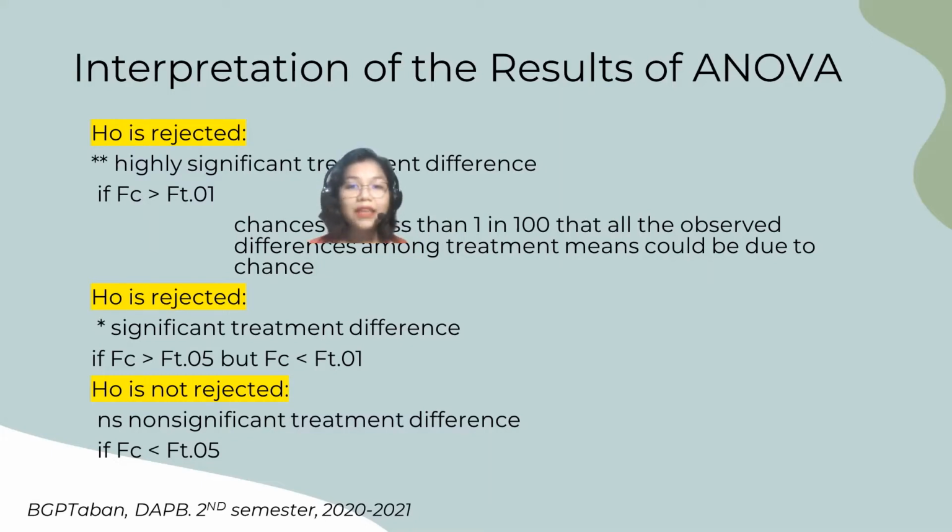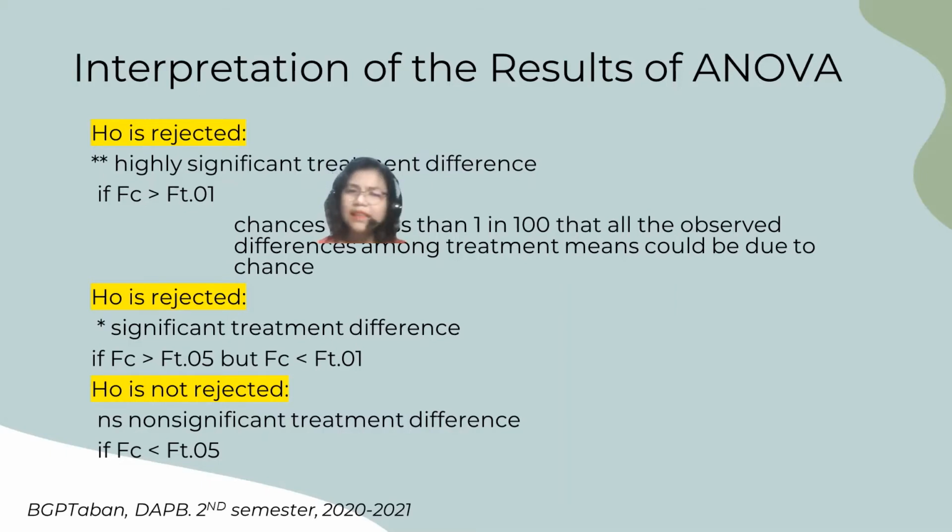H0 is not rejected, therefore it is accepted, when the result says there is non-significant difference of the treatment mean. So basically, if the computed F is less than the 5% tabulated F value.